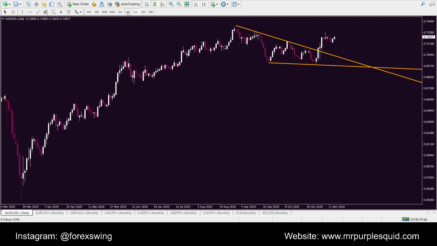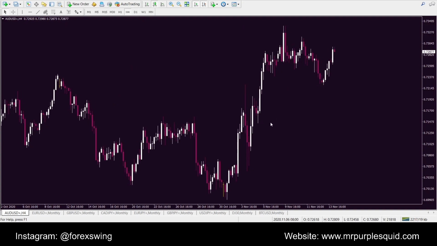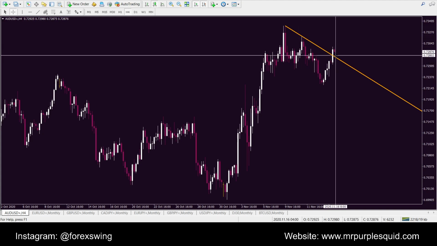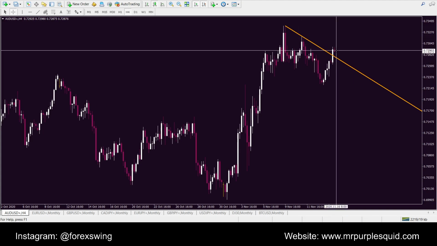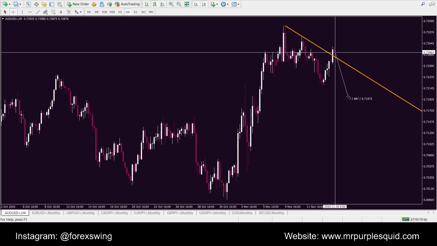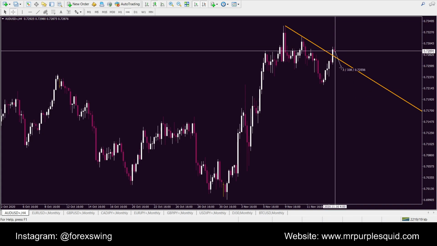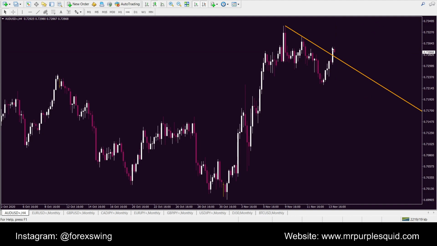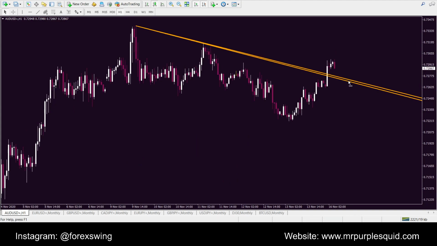So let's see H4. Could draw this trend line, bearish trend right here, the price broke the bearish trend. So let's see if the bearish trend will continue, or we'll get maybe a retest and then boom, but nothing too clear. So let's see the H1. Can remove this one, I guess.